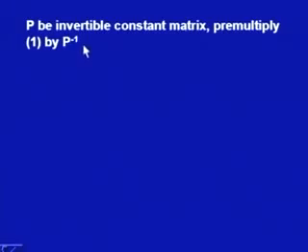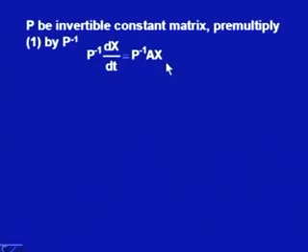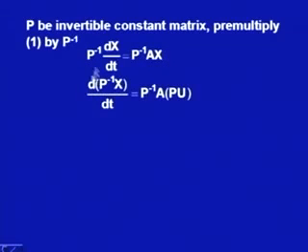Before we apply this transformation, we have to make sure that P is invertible and a constant matrix. If you do that, then P inverse dx by dt is equal to P inverse Ax. Since P inverse is a constant matrix, we can write the left hand side as d by dt of P inverse x, and that is why I have assumed that it is an invertible and constant matrix.